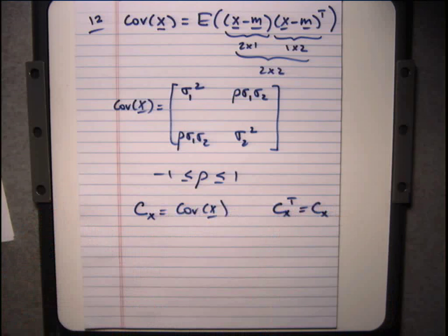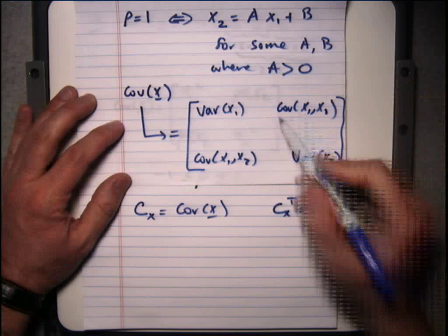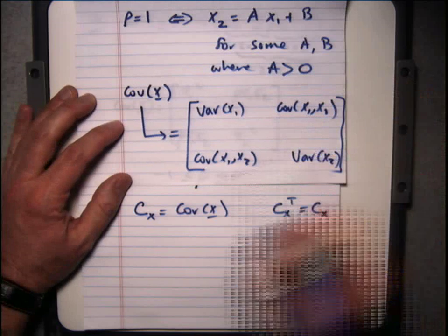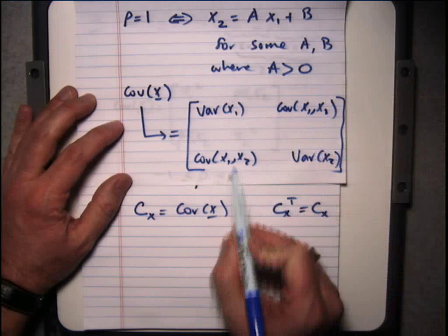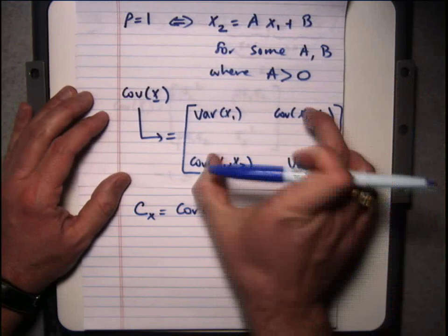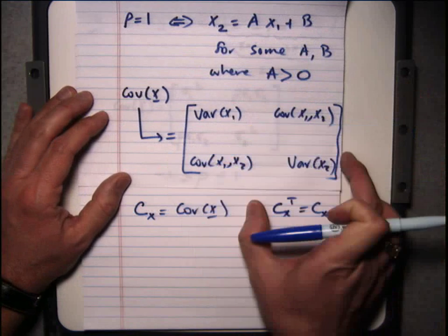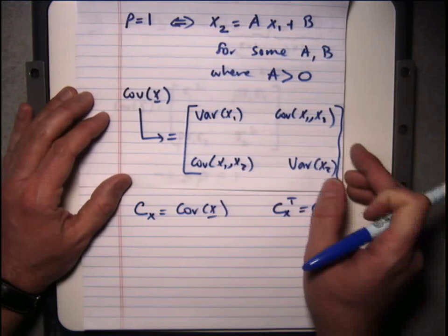The reason why is because if you look at this expression here, covariance of x1, x2, I could have written this as covariance of x2 comma x1, but it makes no difference. It's exactly the same. So the off-diagonal terms are always equal, which is the definition of a symmetric matrix.